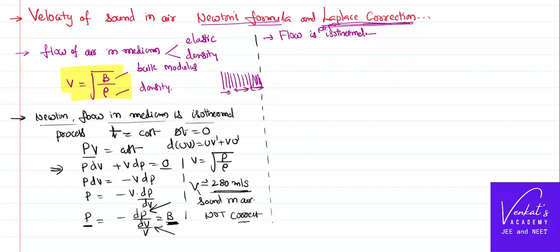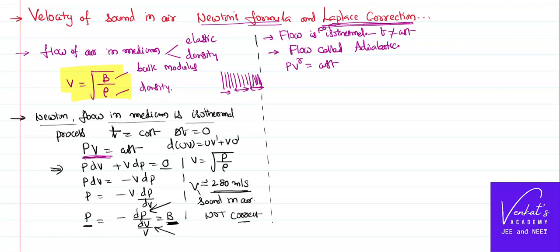Flow is not isothermal means temperature is not constant, there is a change in temperature. Rather, the total heat of the system is constant. So the flow happens in a way called adiabatic process. In adiabatic process, we have proved in heat that PV power gamma is constant, not PV constant, where gamma is the ratio of specific heats.